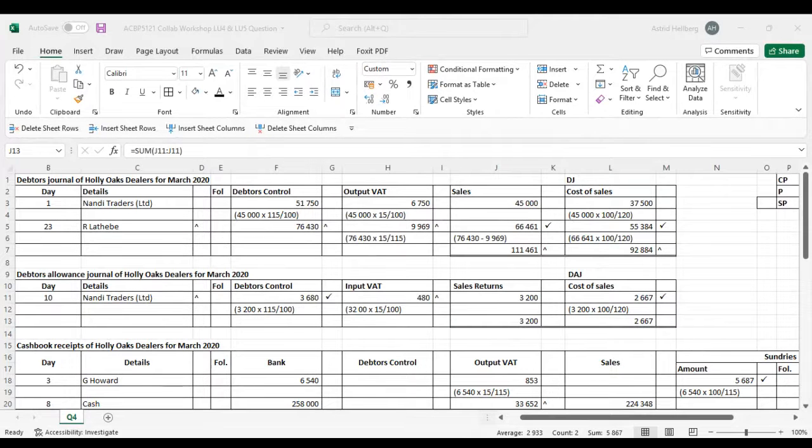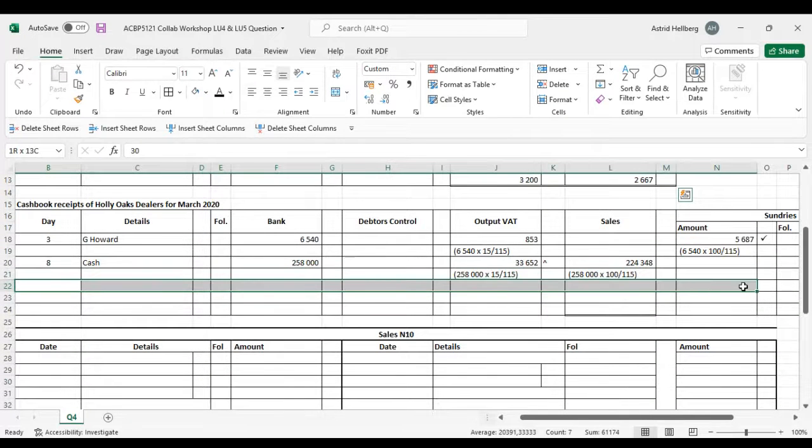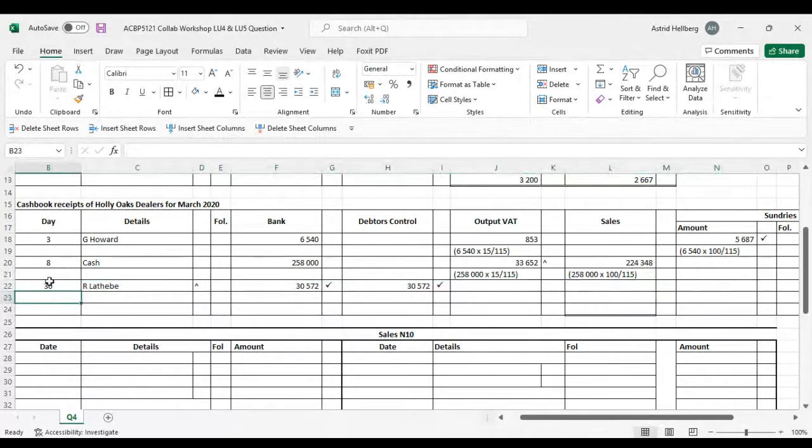Okay, then on the 27th, Nandi traders paid 27,800. So on the 27th, we received money from Nandi traders. Just going to move this down one.